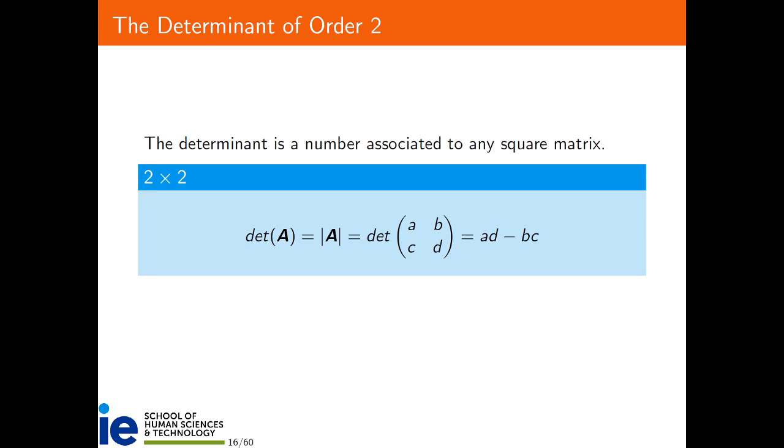We saw it in class in the last lecture, and it's simply the product of the entries on the diagonal minus the product of the entries on the reverse or opposite diagonal. So this is very simple to compute.